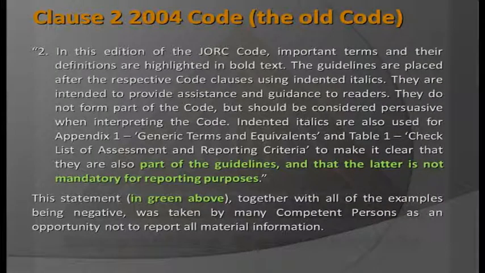So this is clause 2 of the old code, so this is not the new code. The green portion is what has been changed. It wasn't mandatory that people report against all elements of Table 1. That now has been changed, where some individuals were taking it as an opportunity not to report on something that was quite material.